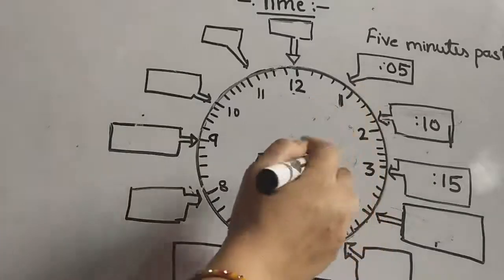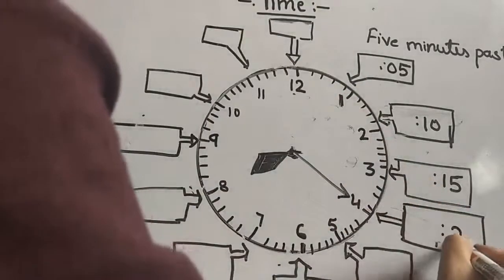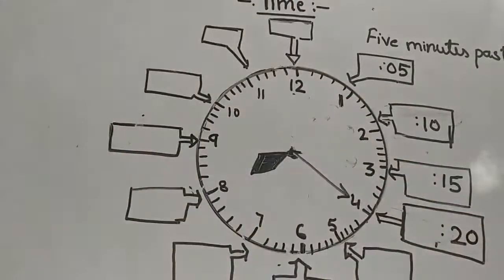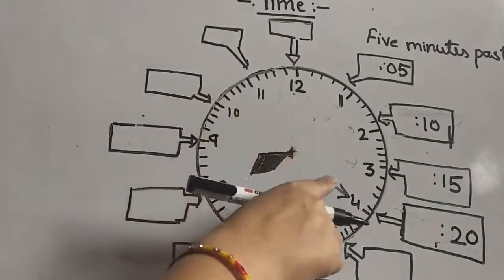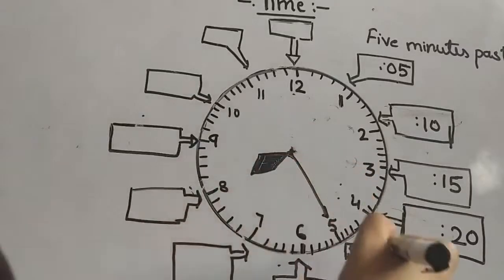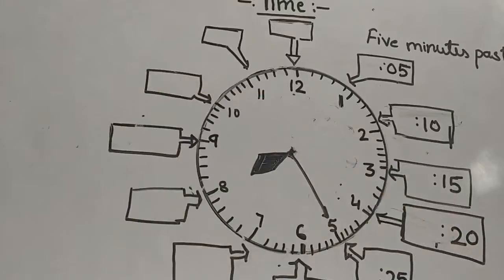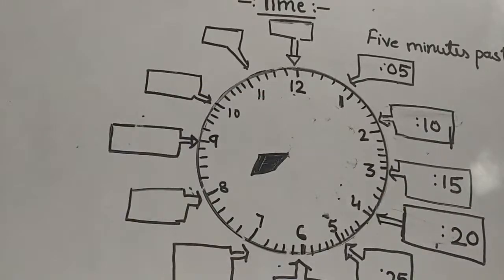Now the minute hand is in 4, so 20 minutes past. Like this, the minute hand is in 5, so 25 minutes past, or 25 minutes are there.